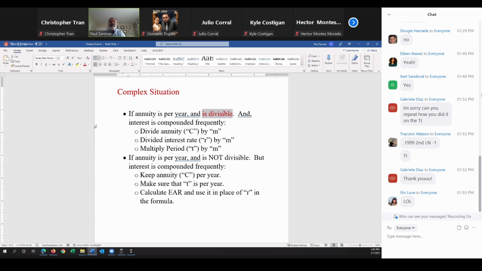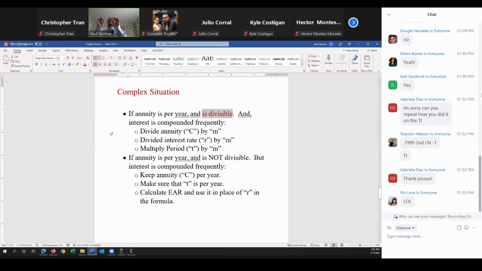So you can say $100 a month, that becomes $1,200. $300 per quarter, that becomes $1,200. Or $600 every 6 months, that becomes $1,200. It's divisible. And interest is compounded frequently. It's more than once a year.